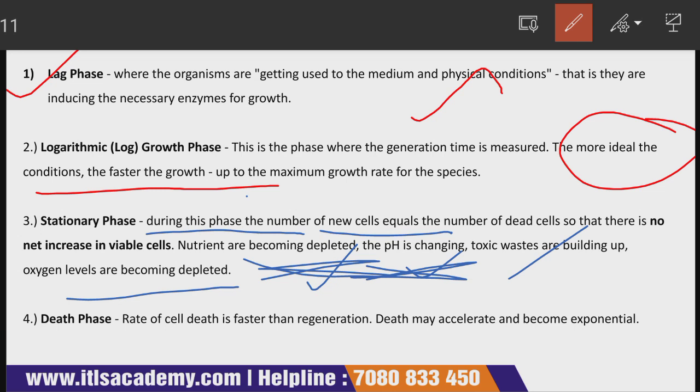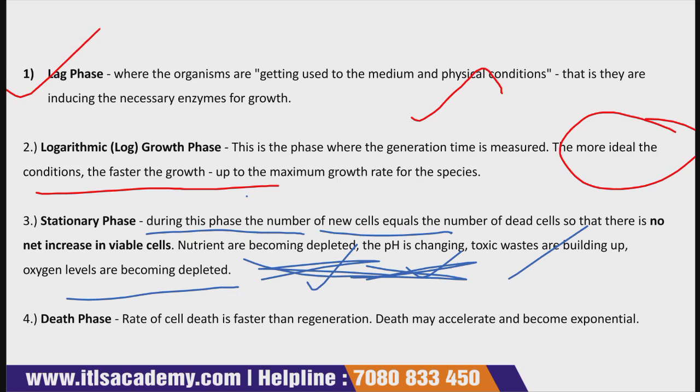The death phase says the rate of cell death is faster than generation. Death may accelerate and become exponential here. In this phase, the nutrients and oxygen have been depleted, there is no further regeneration, and the death rate becomes faster than regeneration of new cells.